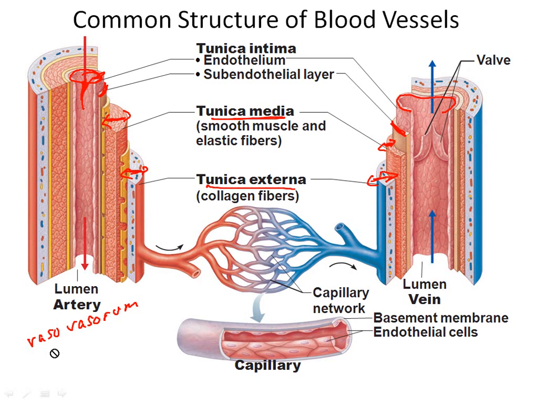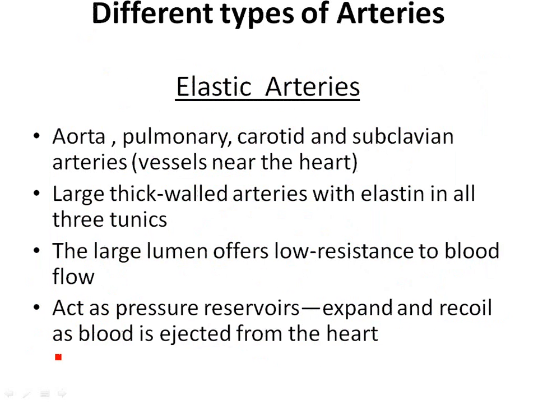All right, let's see what we have next here. Let's start going through the different types of arteries first. The first arteries that you're going to come to off of the heart are the elastic arteries. These are the arteries that are really feeling that pressure from the heart. That's going to be like the aorta, the pulmonary, the carotid, the subclavian arteries, all those vessels near the heart. They're going to be large, thick-walled arteries because they've got to withstand the pressure coming from the heart.